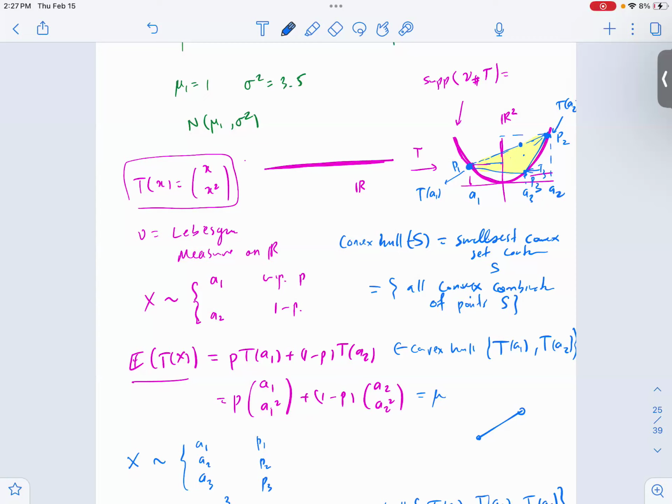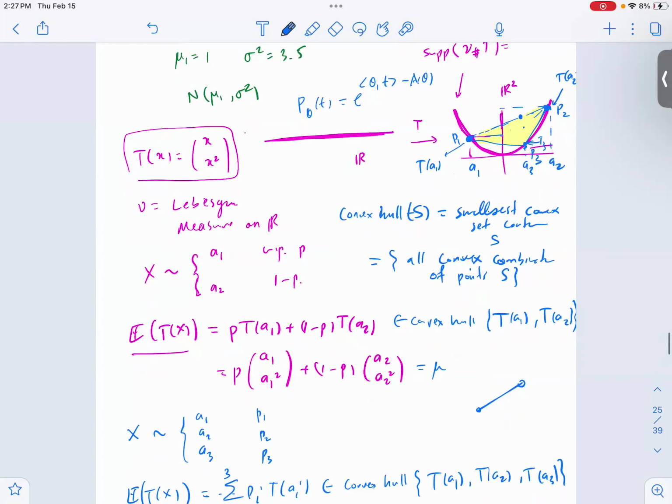As long as I spread like this, theta t minus a theta, this kind of spread of the mass is enough to achieve everything in between. For different theta, this gives me a different spread of the mass.